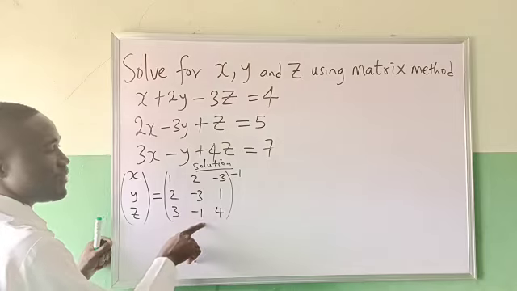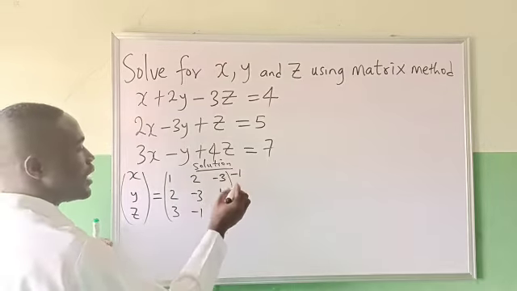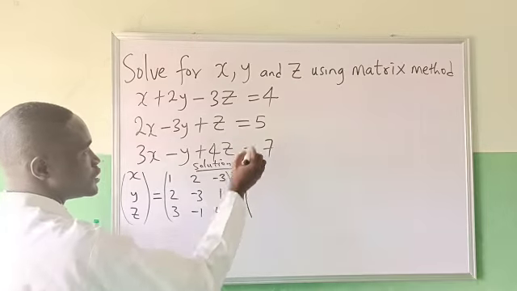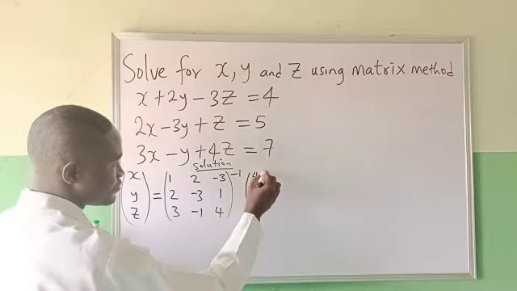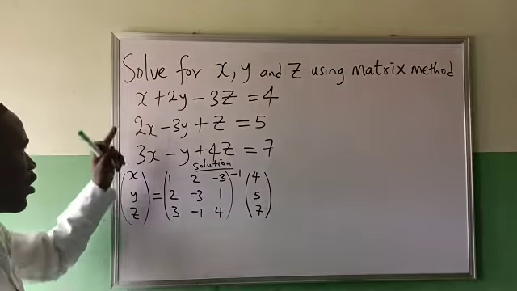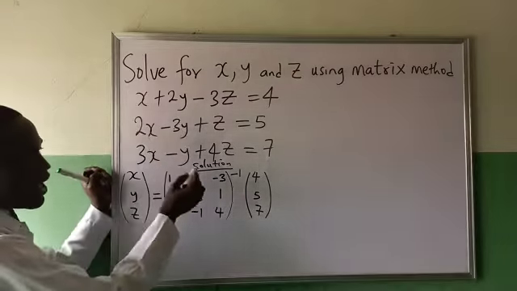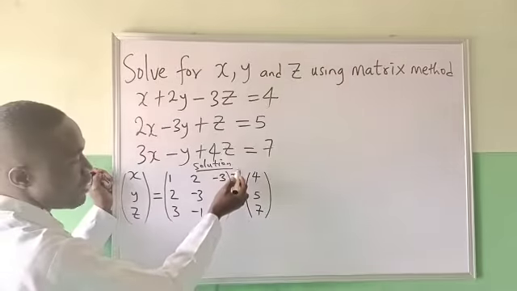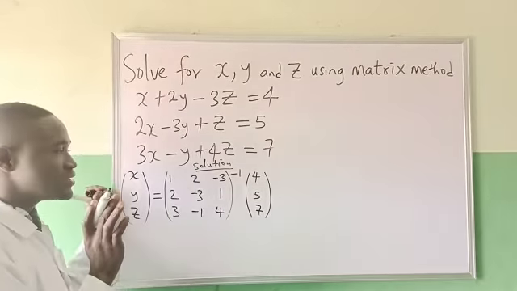You get the inverse of it. Just write the coefficients, put the inverse, then this will be 4, 5, 7. Just as you write x, y, z accordingly, you write the coefficient of each of the letters you have. You put the power minus 1, then you put 4, 5, 7. That is the first step.